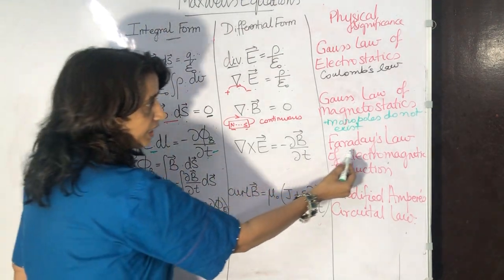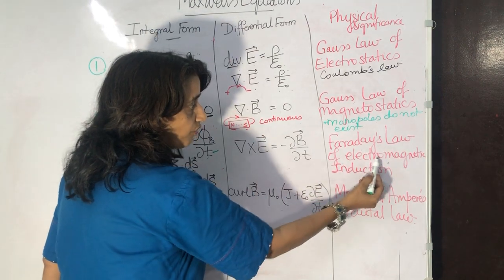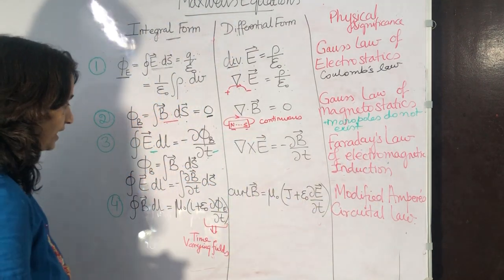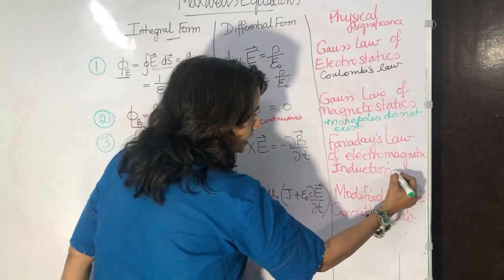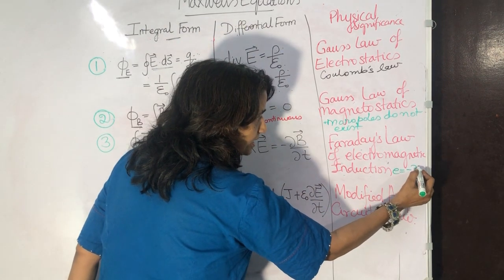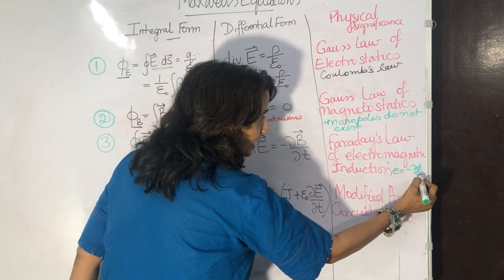So this is the very famous Faraday's law of electromagnetic induction. If you remember, E is minus d phi by dt.